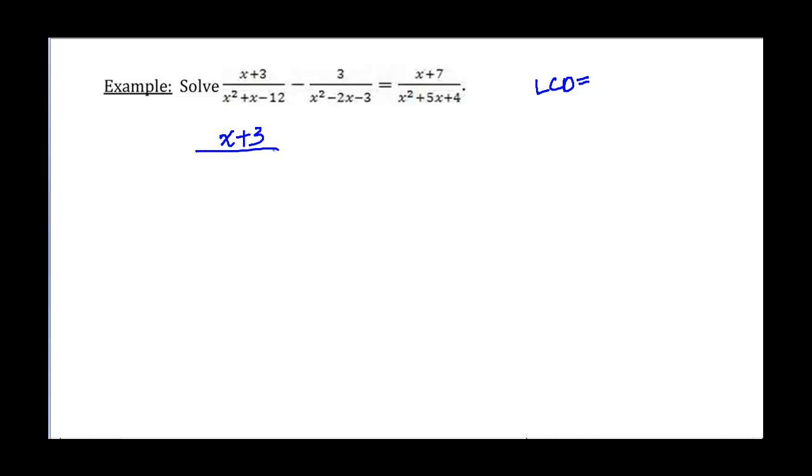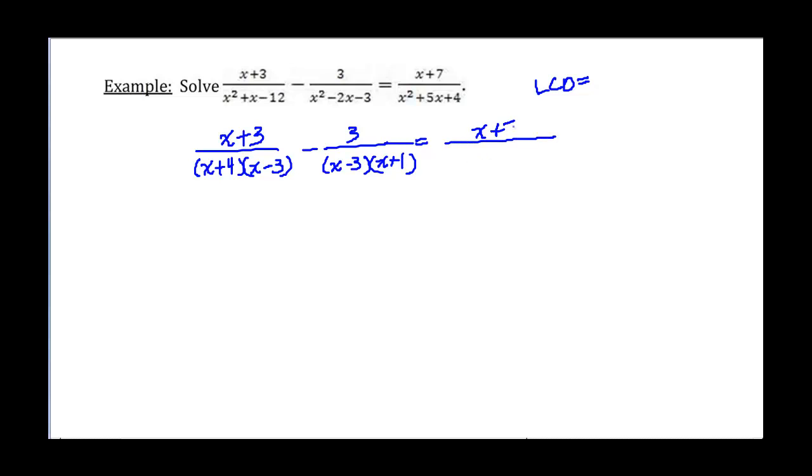So I'm going to have x plus 3 over, well, when we factor this, it factors into x plus 4 times x minus 3. This second term here factors into x minus 3 times x plus 1 in the denominator.